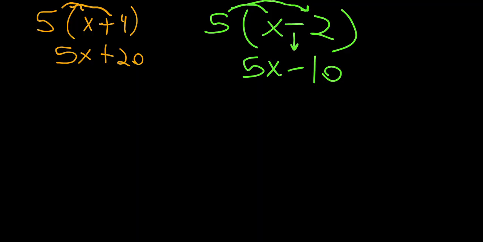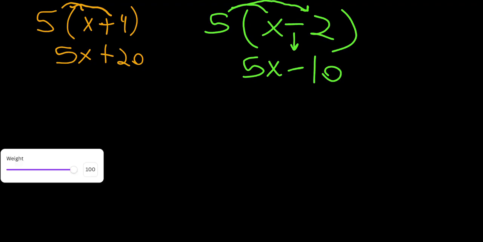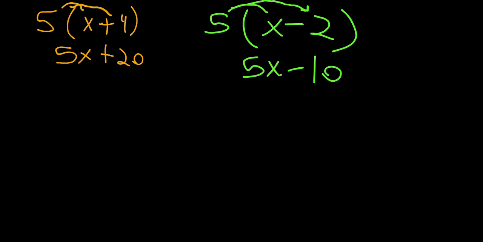The negative sign carries down. You keep the negative sign. Okay? Much like the rules you've learned of multiplying negatives by positives, if you multiply a negative by a positive, you get a negative.